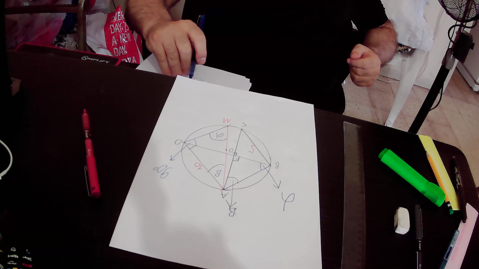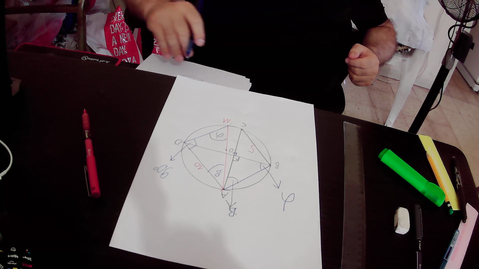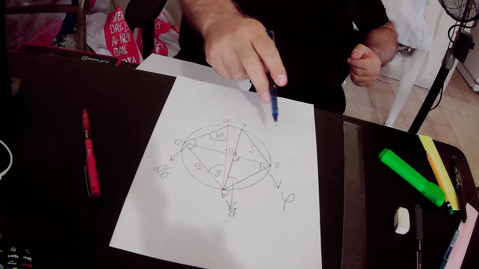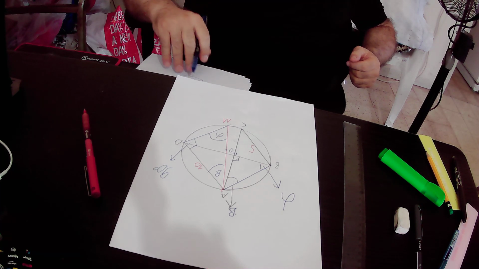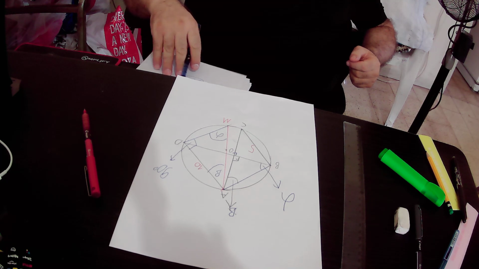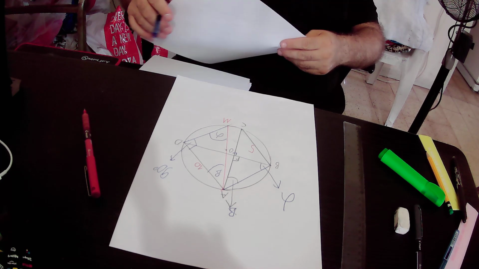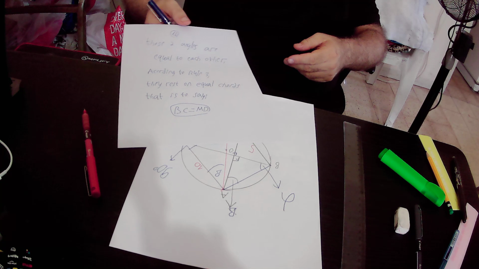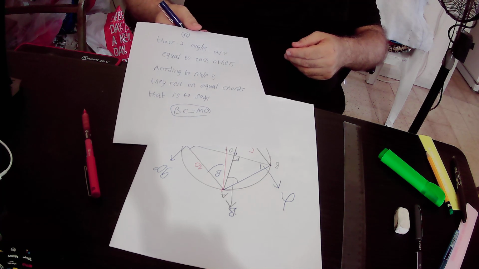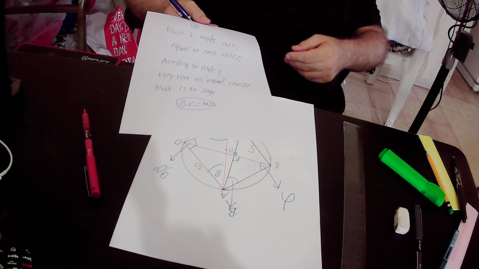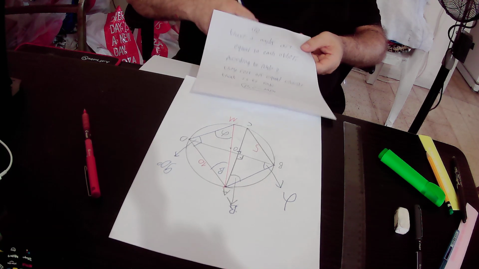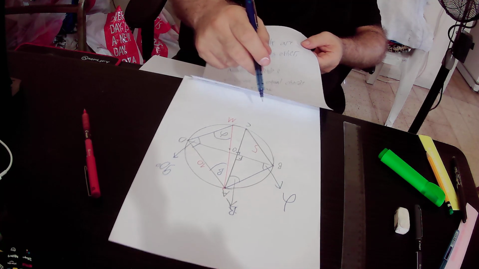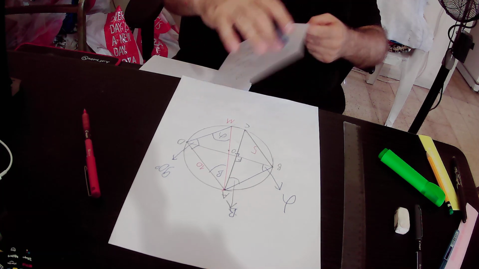So we know that according to rule number 3, chord BC equals to chord MD, but we know that BC equals to 5 units.